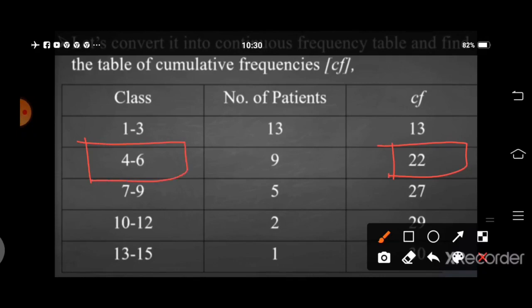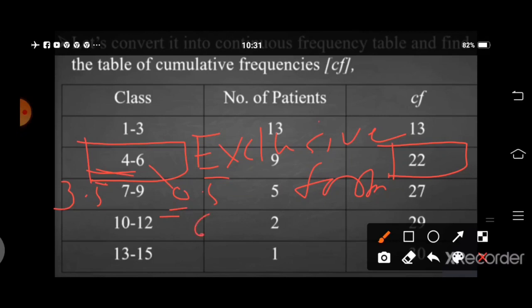Now, we have to convert this inclusive class into exclusive form. For converting it, we have to deduct 0.5 from the lower boundary point. So 4 minus 0.5, we will get 3.5. And in the upper class, we have to add 0.5. So 6 plus 0.5, we will get 6.5.